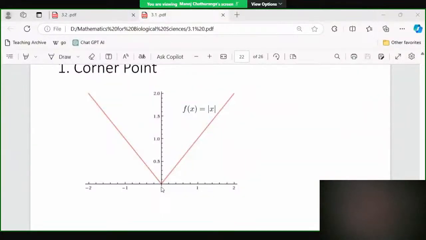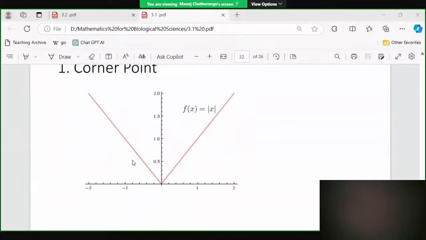If you move slightly to your right hand side, from that direction, all the tangent lines have the same slope. The line in the first quadrant corresponds to y equals x. So the slope of the tangent line at any point in the first quadrant is 1. So the derivative is 1 for this part.